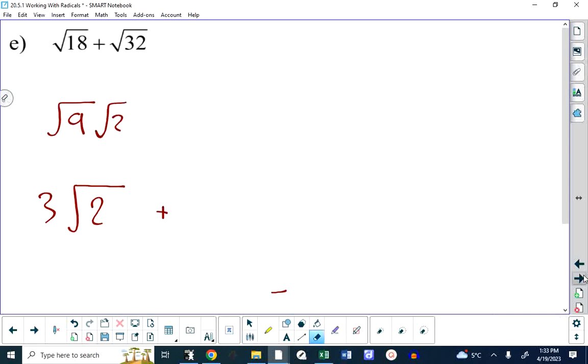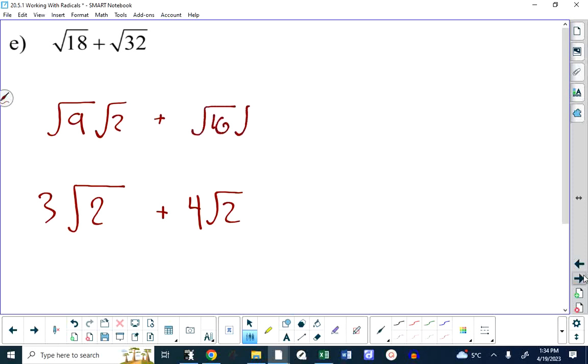Plus, well, 32, how many of you see that root 32 is 4 root 2? And the reason for that is 32 is 16 times 2. So root 32 is root 16 times root 2, which is 4 root 2. So 3 root 2 plus 4 root 2 is 7 root 2. Easy. Any questions with that one?